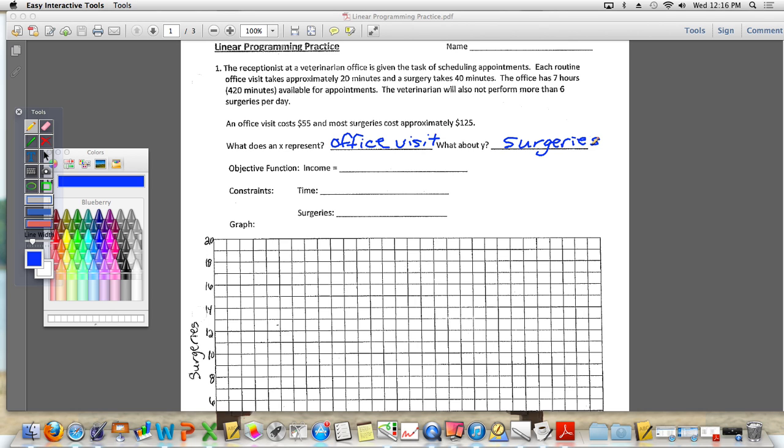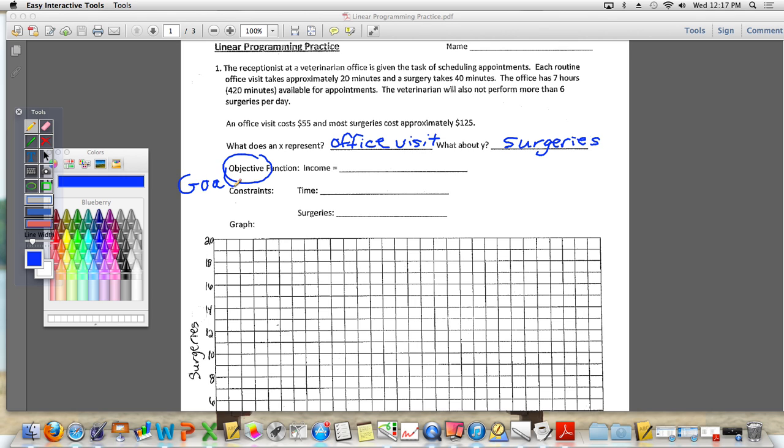We need to come up with an objective function. That means we need to write an equation that will get us to our goal. And our goal is to make money, correct? We're going to make money off of performing surgeries and holding office visits.